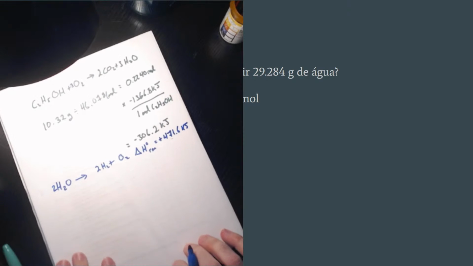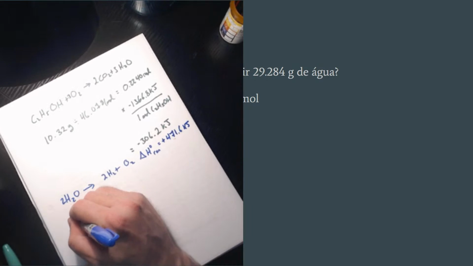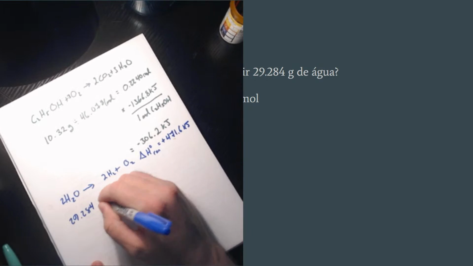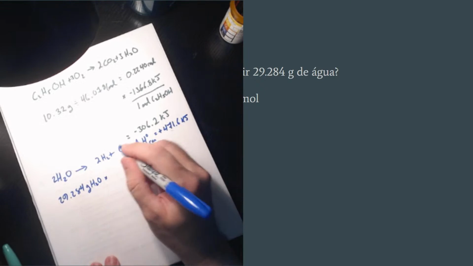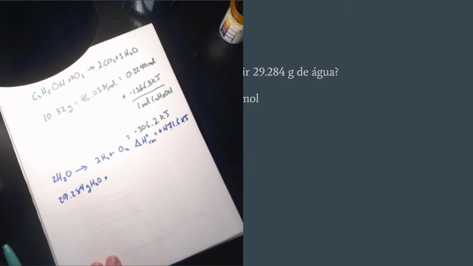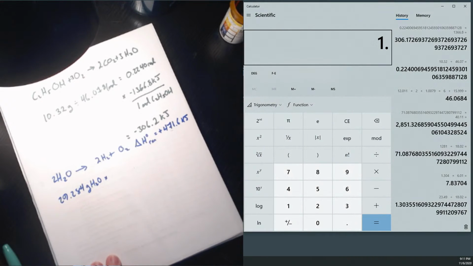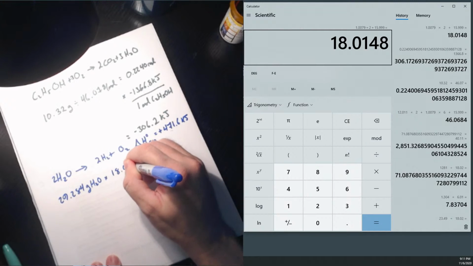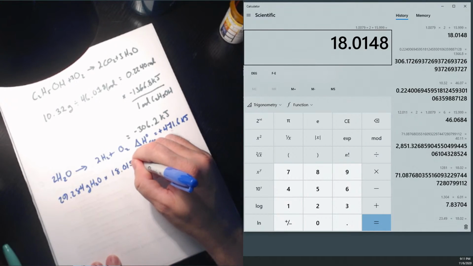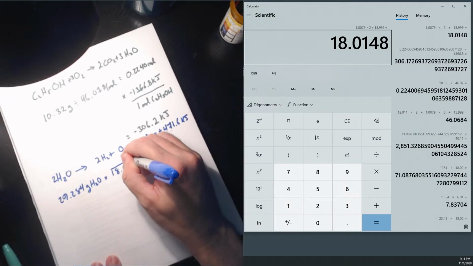All right. So 29.284 grams of water times, let's get a slightly more accurate, 1.0079 times 2 plus 15.999, 18.015 grams per mole.